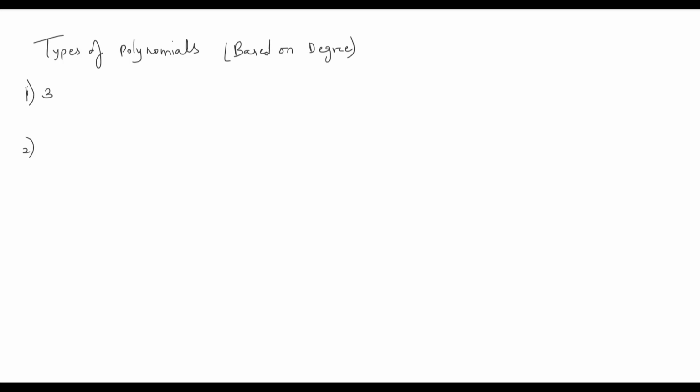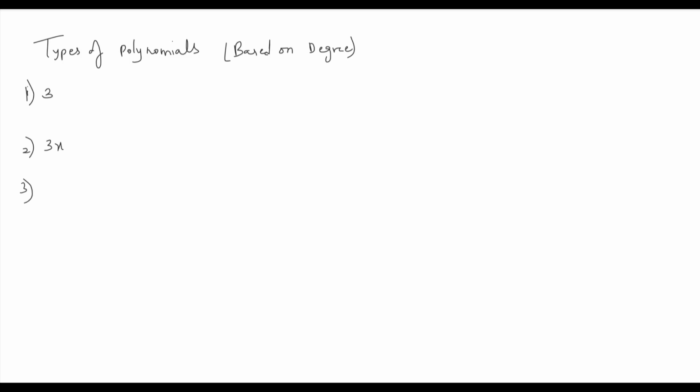Next, coming to types of polynomials that we have learnt based on the degree. First, 3. Second one, 3x.